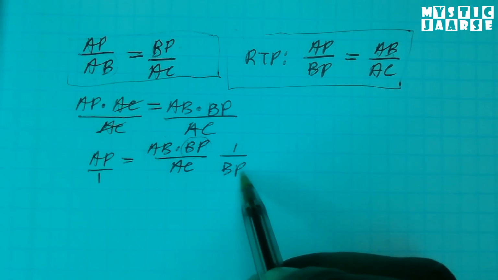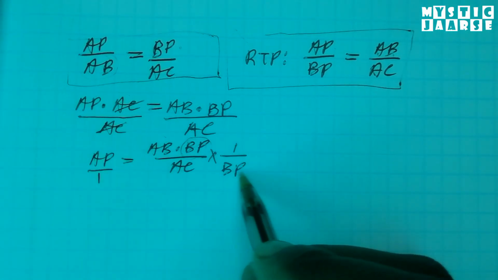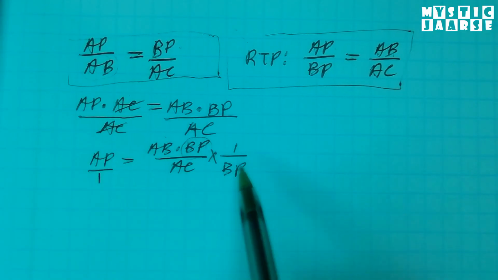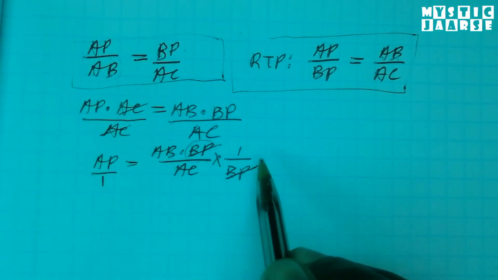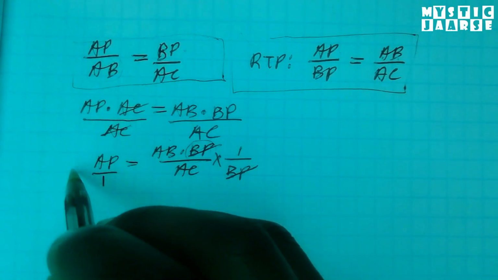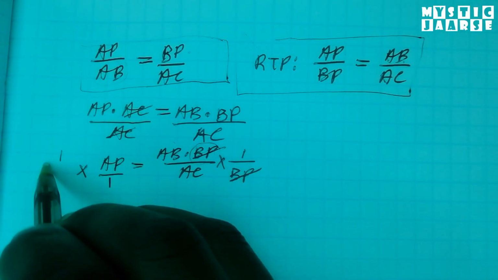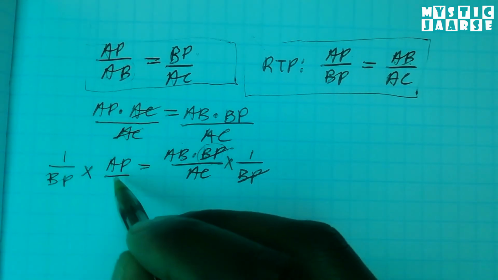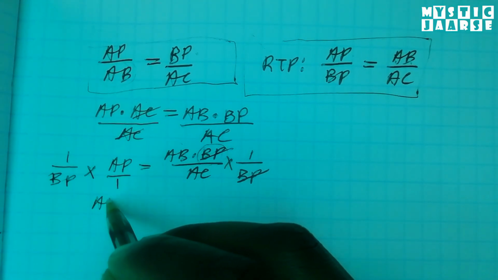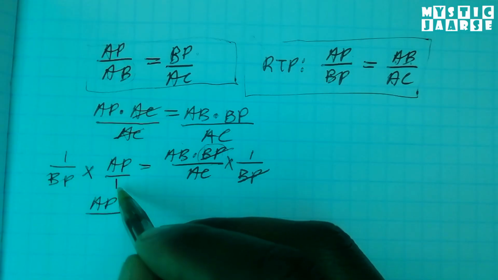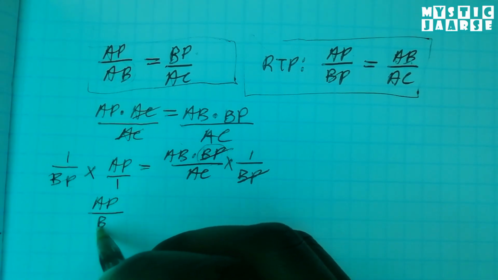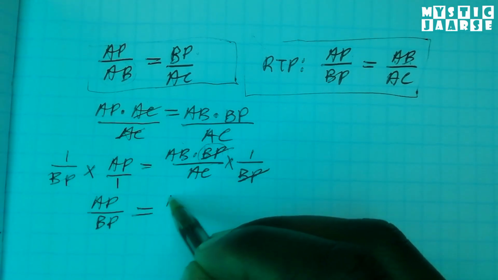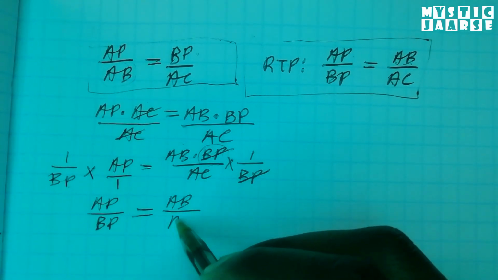So if this BP is a denominator, when you multiply this, we are going to have BP divided by BP and they will cancel each other out. So what we do on the right hand side, we also do on the left hand side, multiplied by 1 over BP. 1 will multiply with AP and we'll get AP divided by BP, will multiply with 1 and we will be having BP is equal to, on this side we are only left with AB divided by AC.